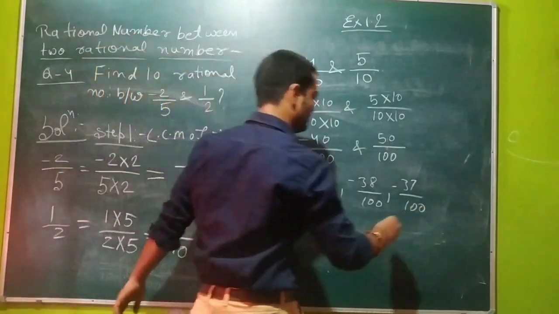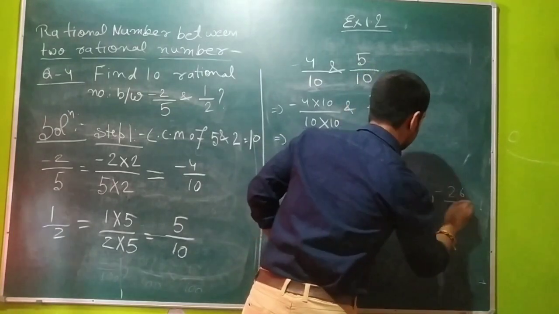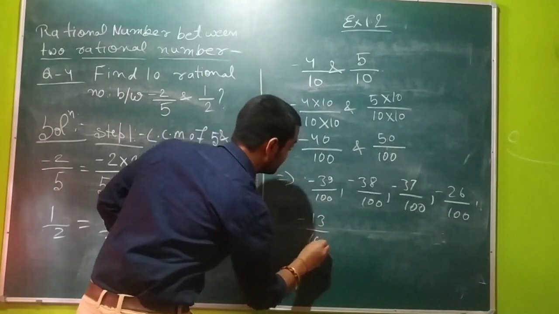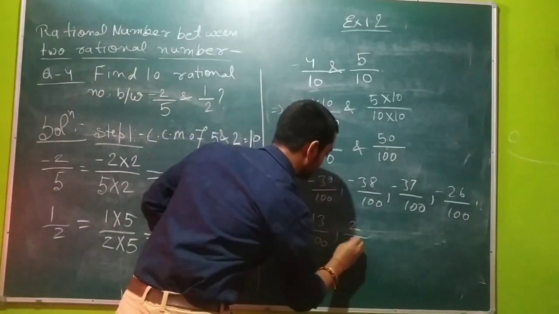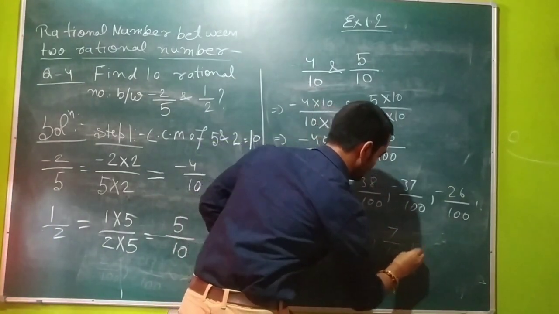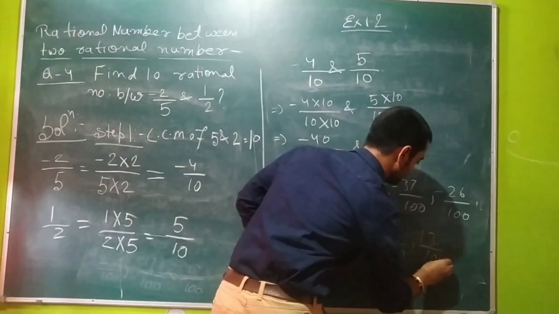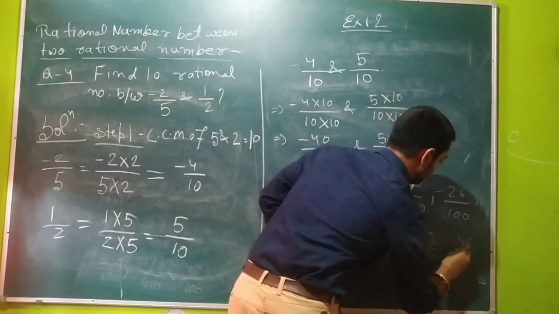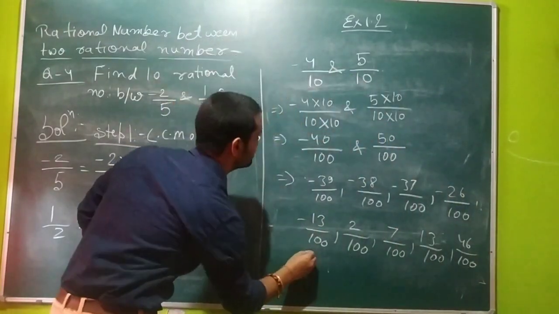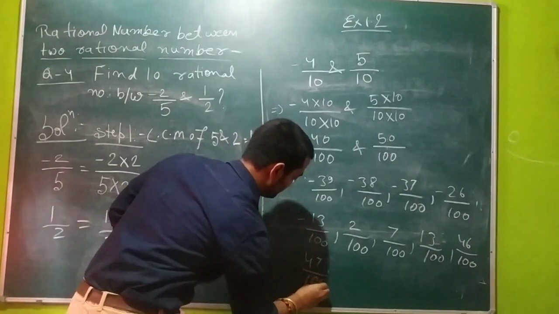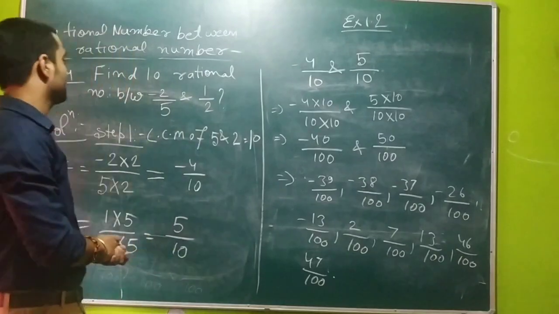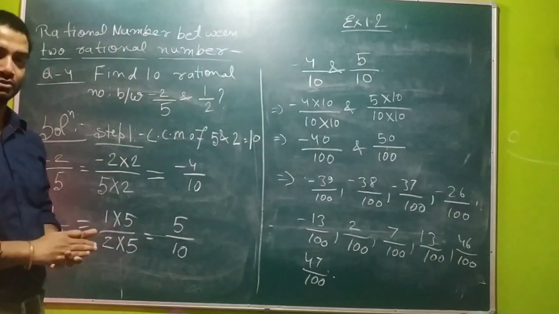For example, I am taking minus 26 upon 100, minus 13 upon 100, 2 upon 100, 7 upon 100, 13 upon 100, 46 upon 100, and 47 upon 100. These are the required rational numbers between minus 2 by 5 and 1 upon 2.